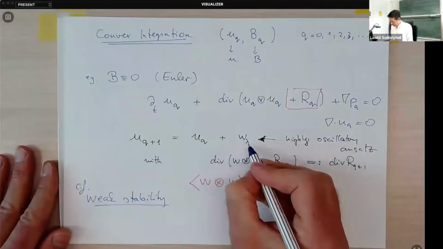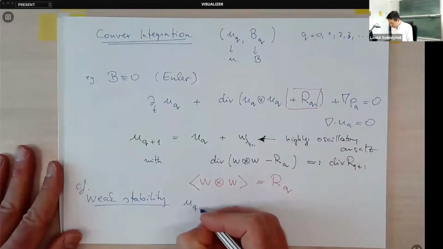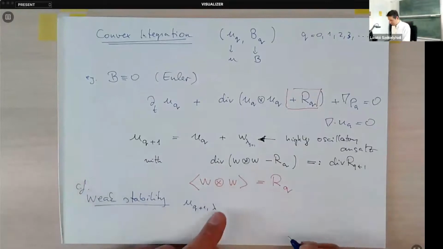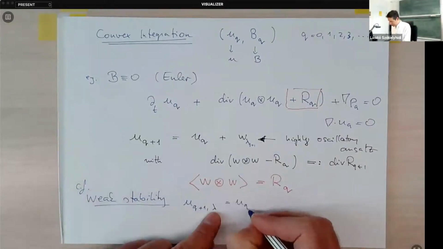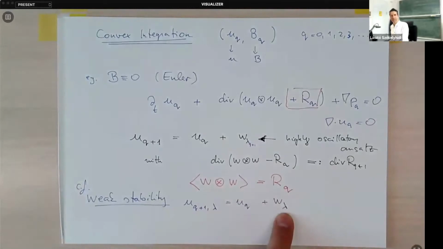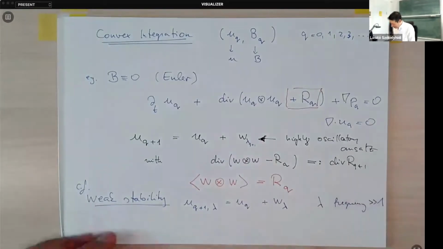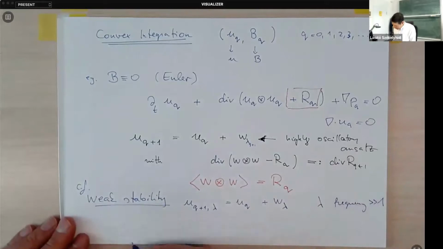Of course, then it's sort of lambda_{q+1}. But let us not fix it for the moment. So let us actually take a sequence in lambda and then consider this perturbation. Then, so this lambda is the kind of frequency. This is large. And so consider the case lambda goes to infinity.